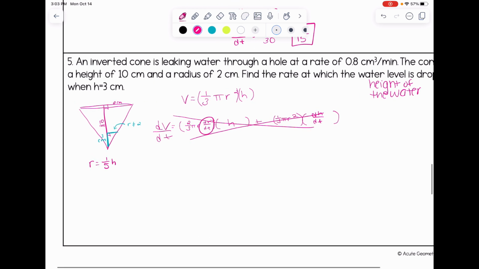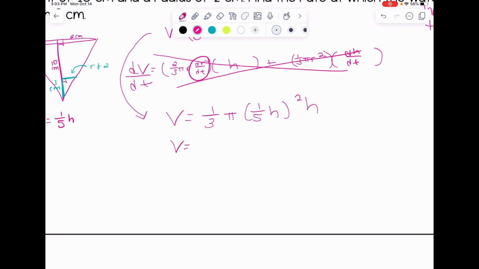So based upon that, what I'm going to do instead is manipulate the original equation. I'm going to substitute in 1/5 h for r, and then multiply this. Let me clean this up before I take the derivative. And now I'll take the derivative of it.